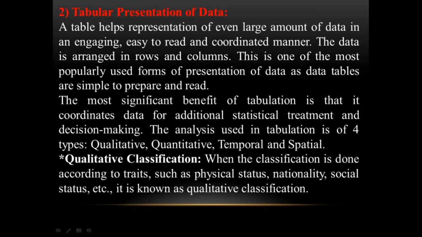The most significant benefit of tabulation is that it coordinates data for additional statistical treatment and decision making. The classification used in tabulation is of four types: qualitative, quantitative, temporal, and spatial.